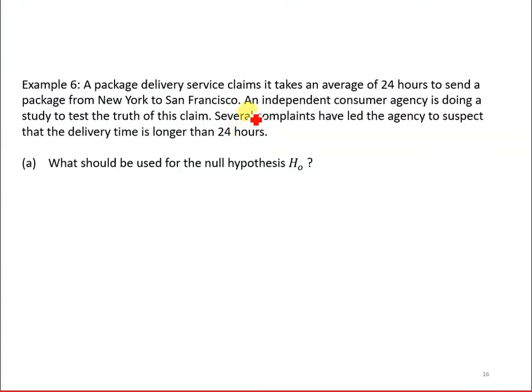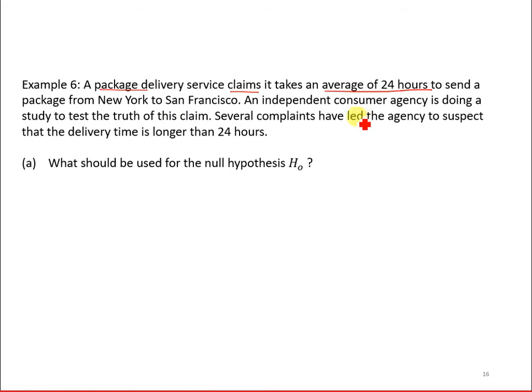Here is an example. A package delivery service claims that it takes an average of 24 hours to send a package from New York to San Francisco. This is the claim of the company. An independent consumer agency is doing a study to test the truth of this claim.